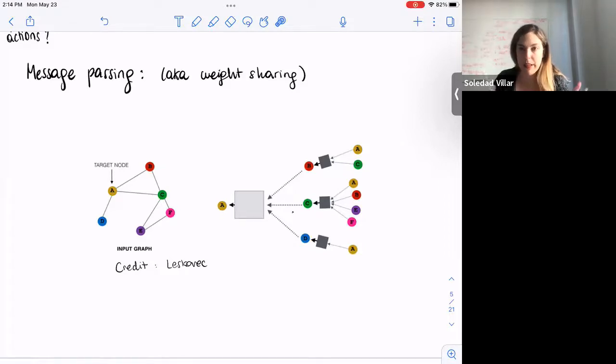That's the way it's implemented as equivariant, just because everyone uses the same function. Depending on the features that the node has, it can take different values, but the function is the same. And that is independent of the representation of the graph as a matrix, and therefore is going to be equivariant. You can think of it as weight sharing, because it's just the same function applied to every node.